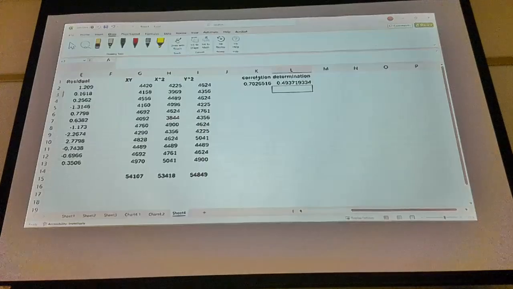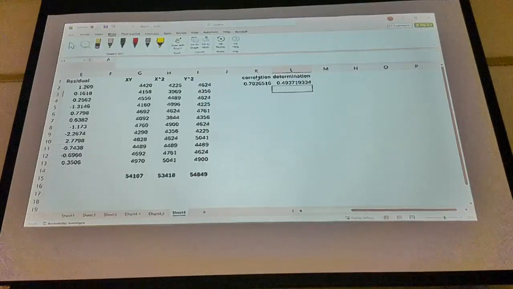Yeah. In other words, that's probably going to predict about 50% of the values. It's good enough for government work. Wish government got 50% of their stuff right. That'd be nice.